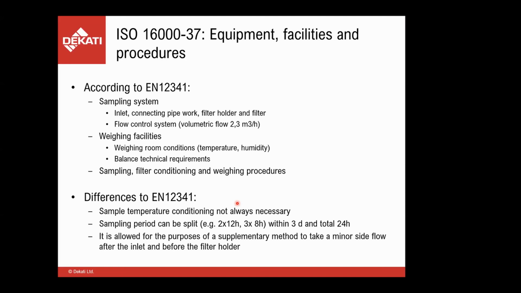So, as said, if it's an office building that has workers in there for the typical working hours, it probably makes sense to do the gravimetric sampling so that you split it into 3 8-hour periods.